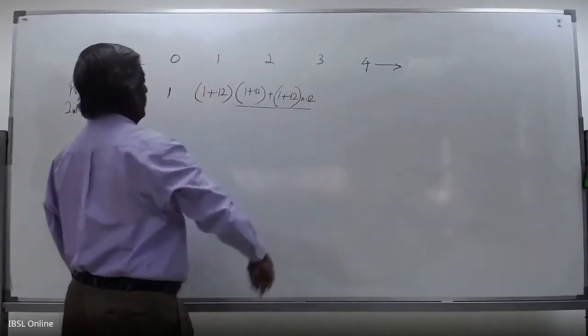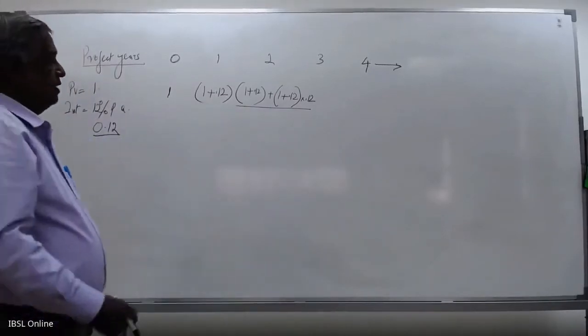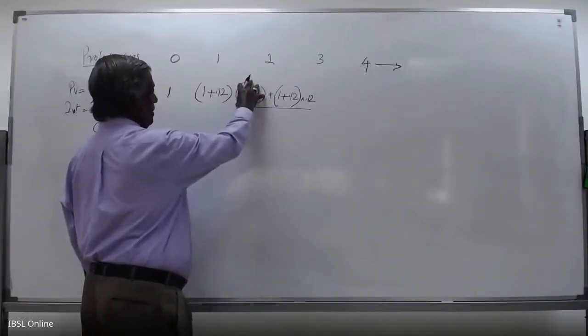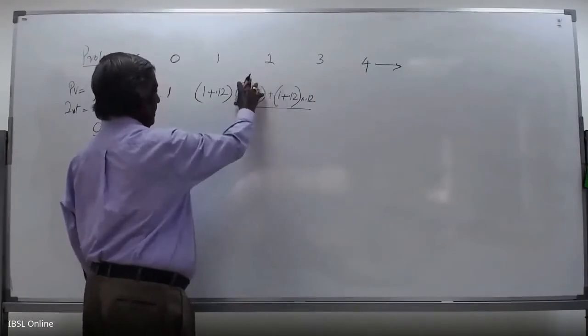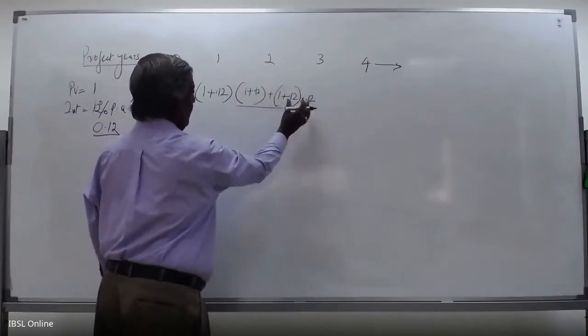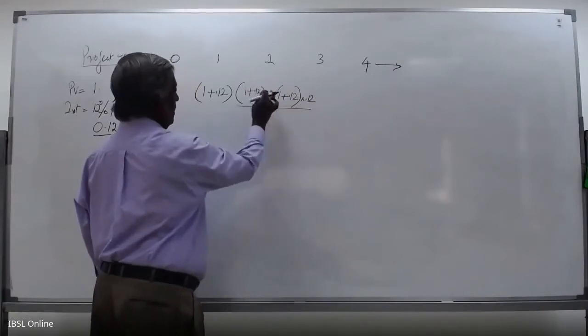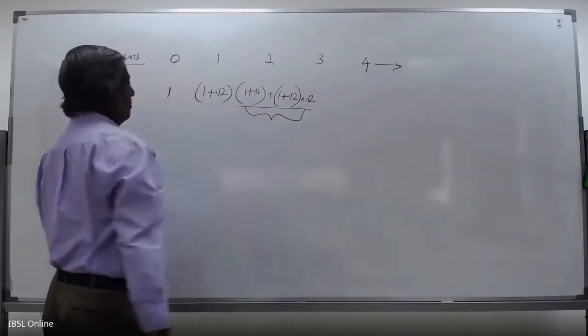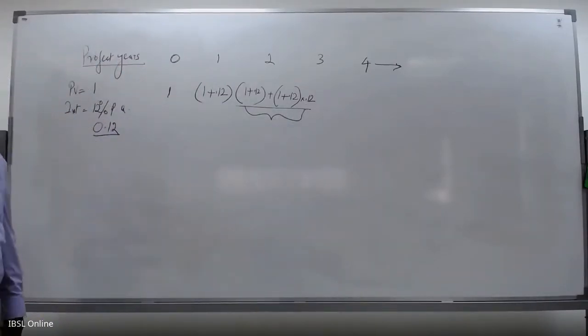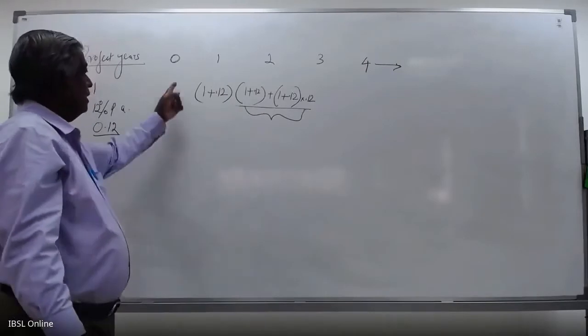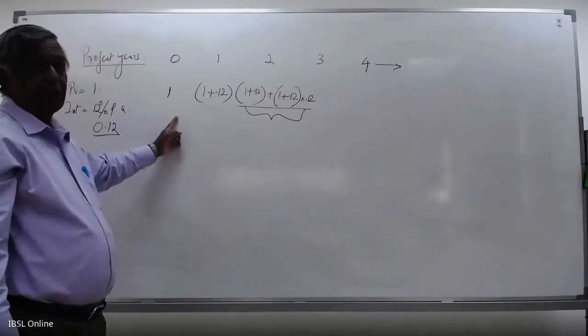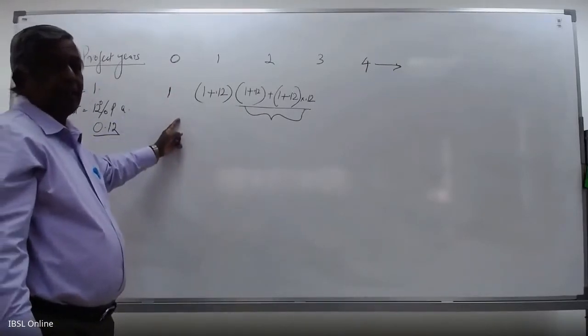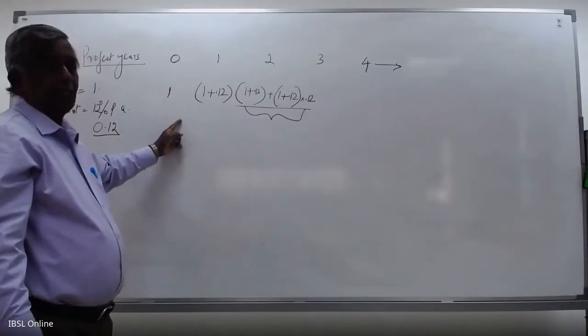This is in the second year: the capital portion and the interest portion. Once again, I will repeat it. Today I am investing 1 rupee with the bank at an interest rate of 12% per annum. In decimal, for 1 rupee, it is 0.12 rupees.